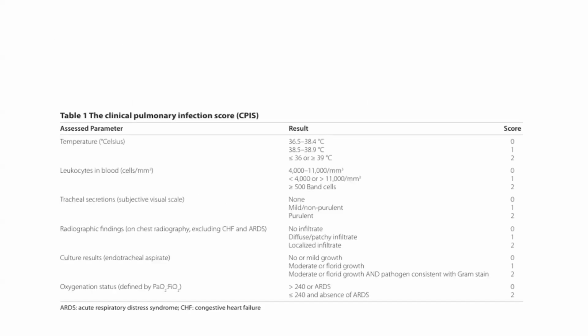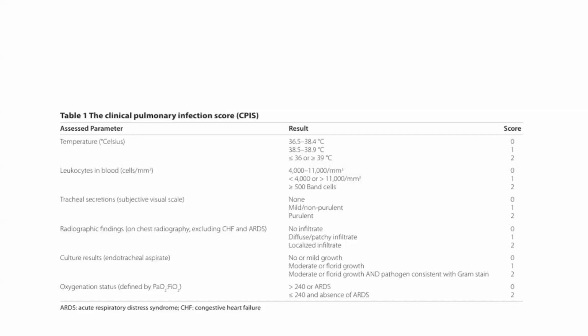These are the components of this score, which include temperature, leukocytes, tracheal secretions, radiographic findings, culture results, and oxygen status. So if the patient is on the ventilator and on one day develops fever, and there is a rise in leukocyte count, then we need to see the nature of the secretions, whether they are purulent or not.